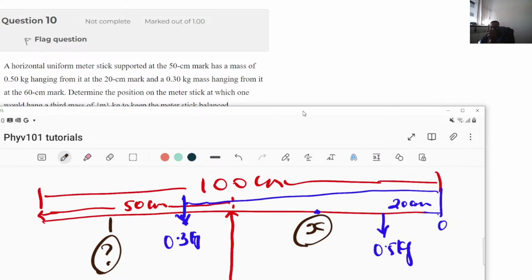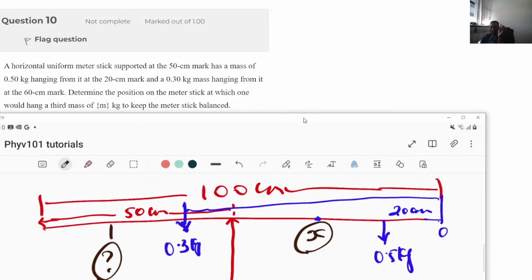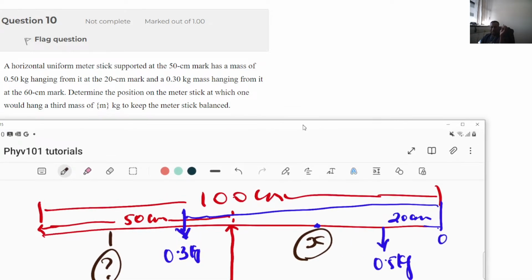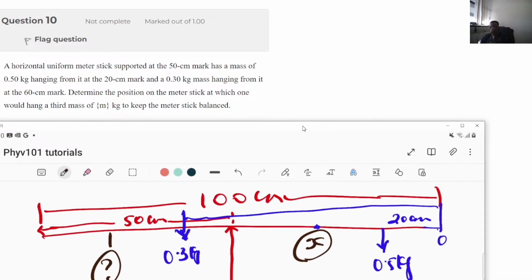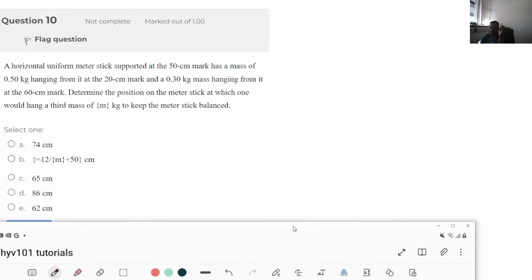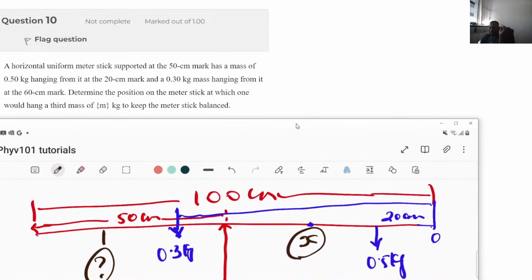And a 0.3 kilogram mass hanging from it at 60 centimeter. Determine the position on the metric stick at which one would hang a third mass M. As opposed to this, mass is supposed to be given, I believe. Something is wrong there. M, to keep the metric stick in balance.